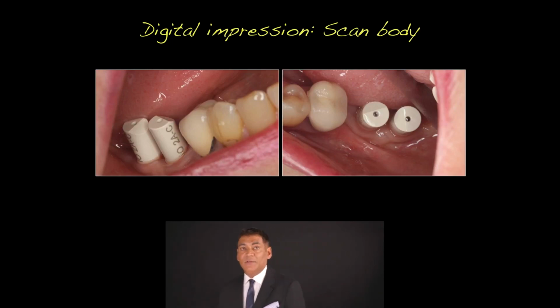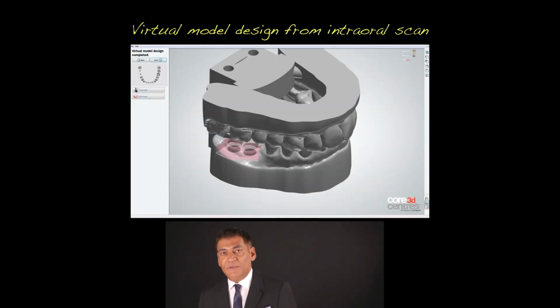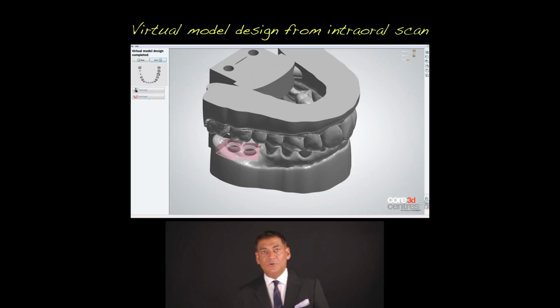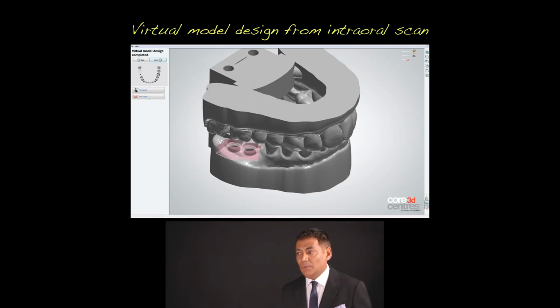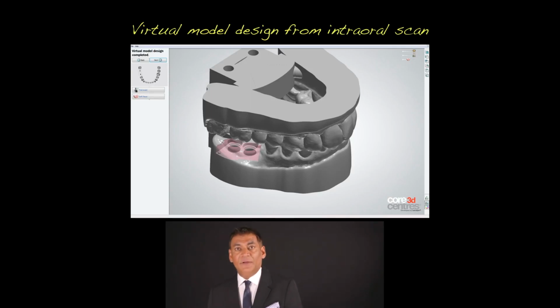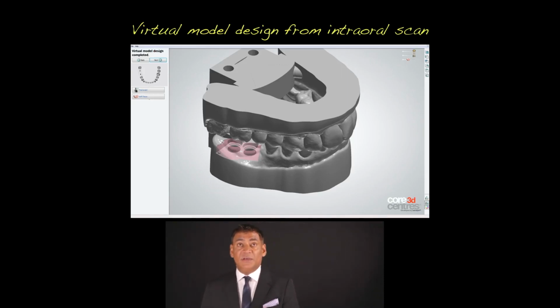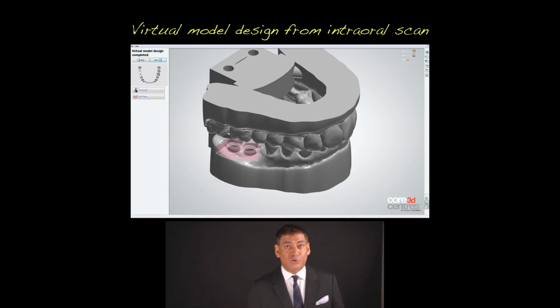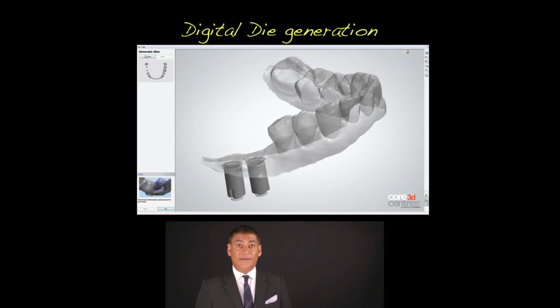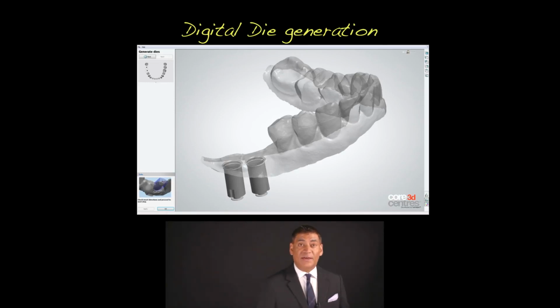And this scan body will allow the information to be communicated in terms of the orientation of the implant within the bone to the lab. Through that information and a digital scan of both of the arches, the lab can actually create a virtual model. Through that virtual model, they can create dies where they can work on to actually restore your implants.